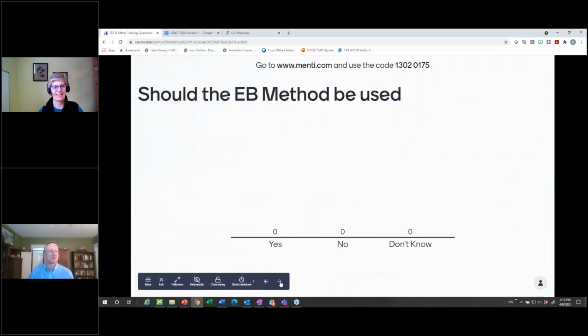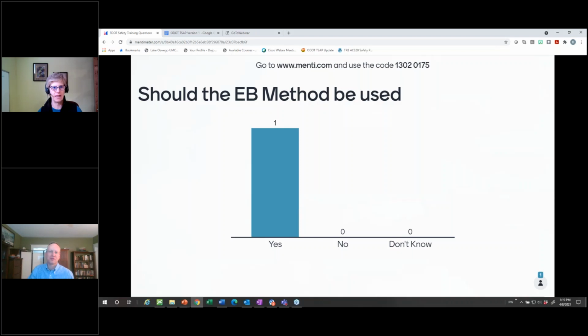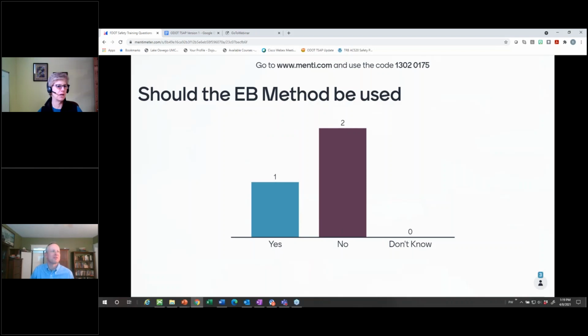Okay. Should the EB method be used on our project? Again, we're converting a rural 2-lane highway to a rural 4-lane. And should we use the EB method? This turned out to be a trick question without even trying.